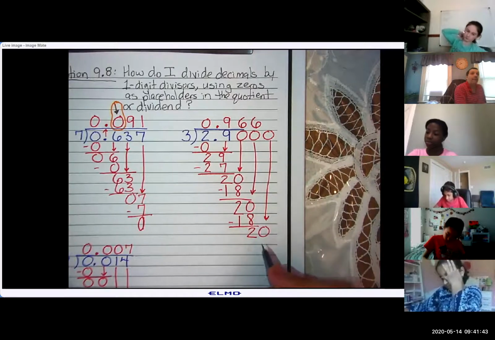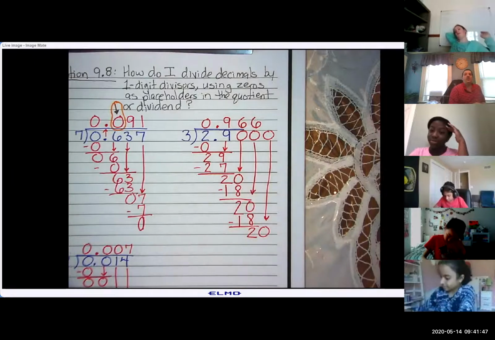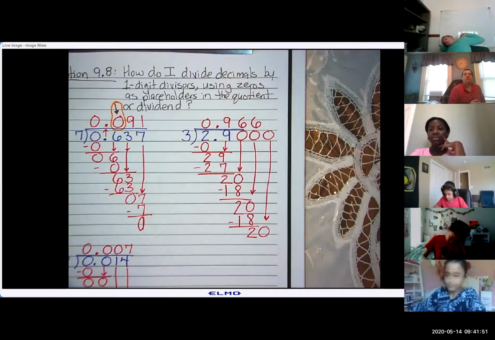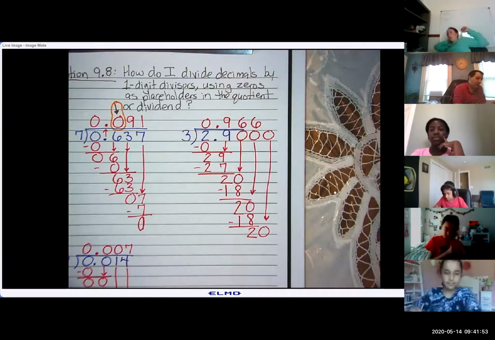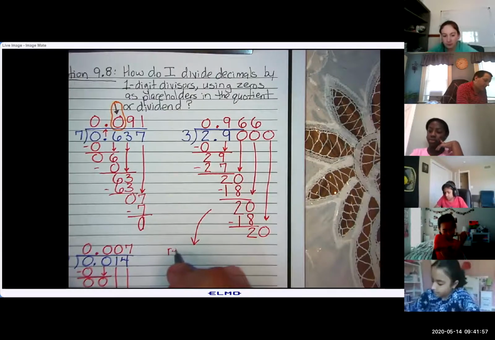This is just going to keep going forever. You remember what this is called. You're absolutely right. This is known as a repeating decimal.